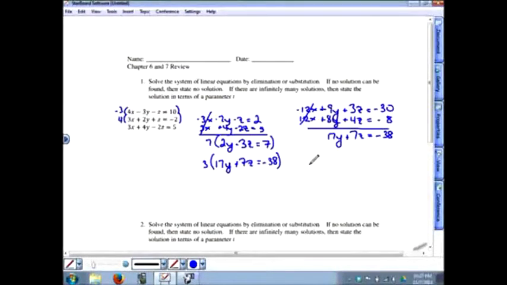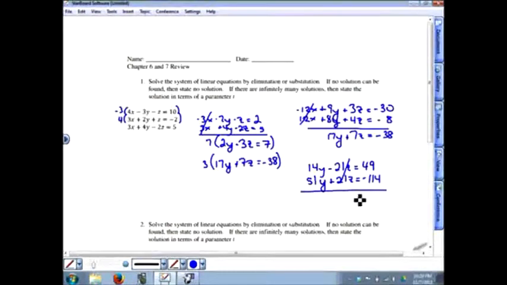So this equation now becomes 14y minus 21z equals 49. 3 times 17y is 51y plus 21z, and 3 times -38 is -114.